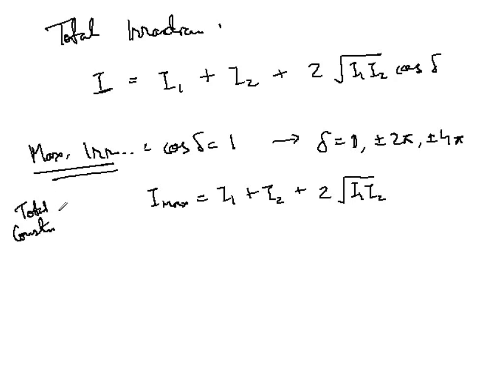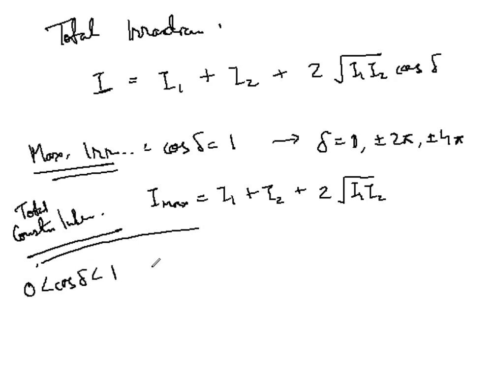And this is basically your total constructive interference. So basically you see, we are having a redistribution of energy and all that. Sometimes there will be maximum, sometimes there will be minimum as well. So this is the case for maximum irradiance, right? Now for this case, when cos delta is between 0 and 1, what happens?